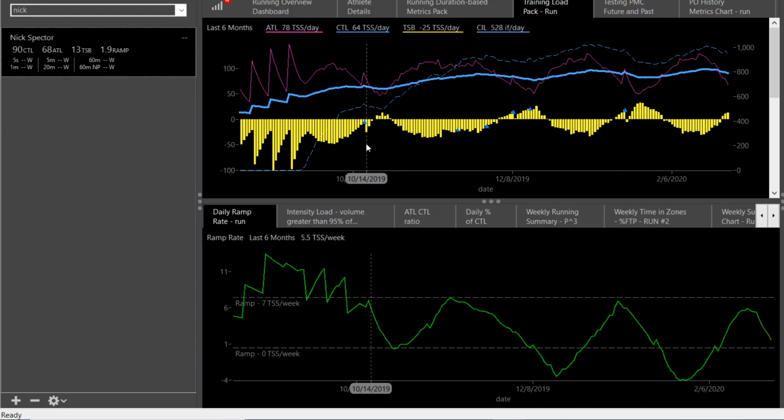If you are a Stride user and you're using Performance Manager or you're using Power Center, there is My Training, and there's a little line there that shows you your quote unquote 6-week rolling average, which is really your exponentially weighted rolling average with a 6-week or 42-day time constant.